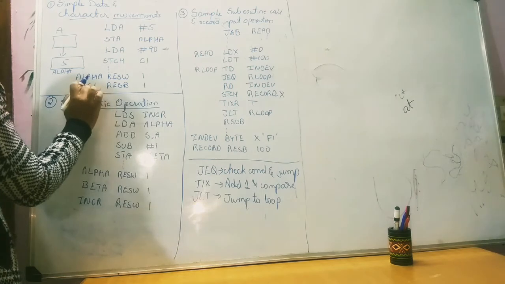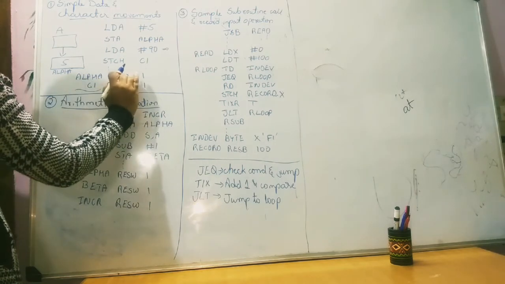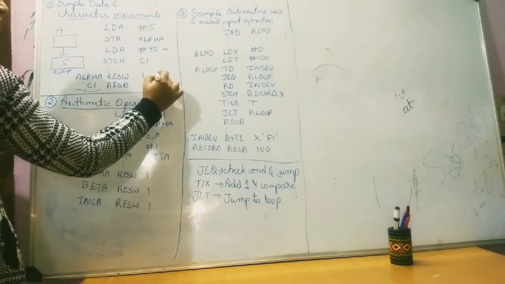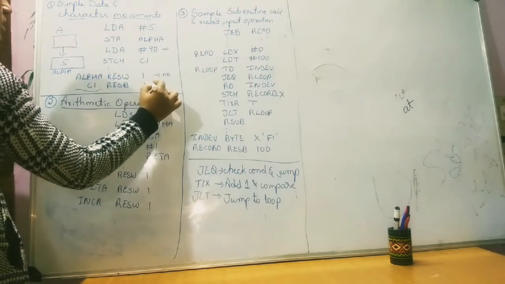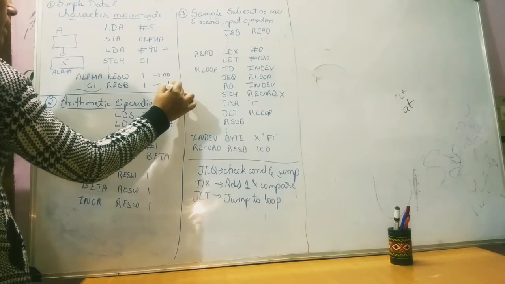We will see here. See, alpha is a reserved word. It reads only the numbers, whereas reserved bytes read the characters.